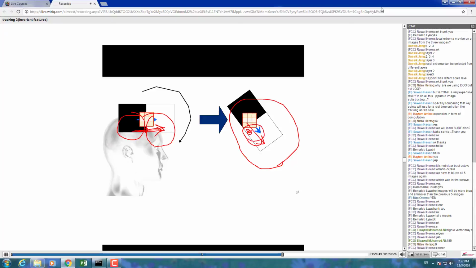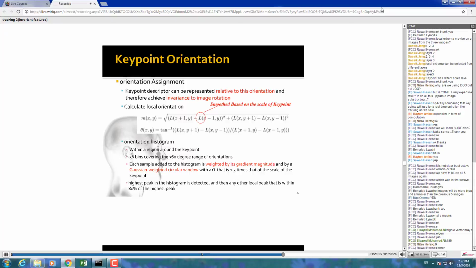By the way, to determine this angle reliably, instead of just looking at the center point itself, we'd better consider the surrounding textures as a window. Okay, then it may not be too sensitive to noise, so it can be more reliable.